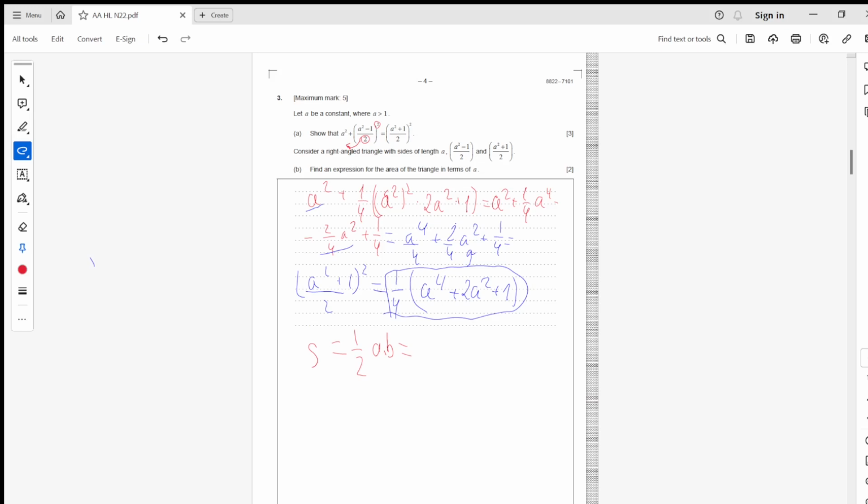And in our case, A is just A, and B is A squared minus 1 divided by 2, and the hypotenuse will be this one, but we don't need it. And we can bring this 2 to the front, and we can multiply by A. And this is our final answer.